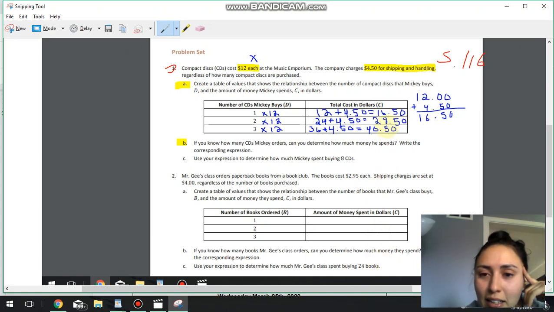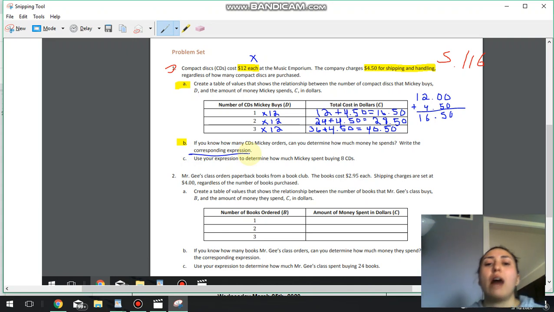We're in this together. Okay, so if you know how many CDs Mikey orders, can you determine how much money he spends? Write the corresponding expression. Yes, we can find this out. We know how to find the total cost. So, the number of CDs Mikey buys, they want us to use D for our variable. Okay, no problem.